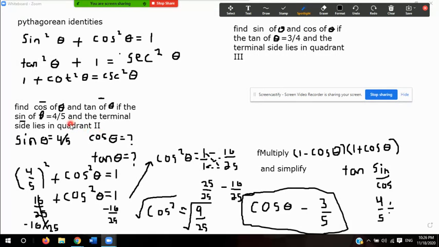And in quadrant 2, the only positive trigonometric function is the sine. So the cosine of theta is actually -3/5. So when I look for my tangent, which is my sine over my cosine, I'm dividing 4/5 by -3/5.